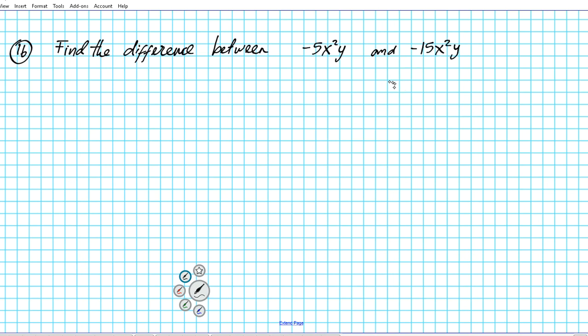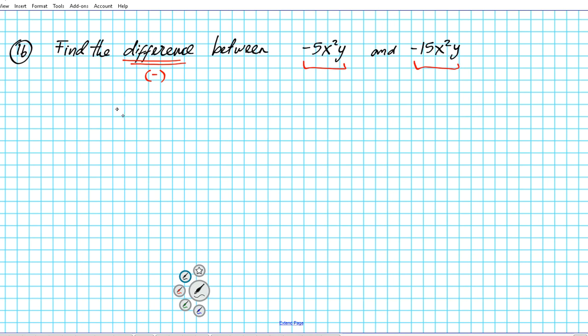Okay, what if you were to find the difference between these two? All right, let's do it. So first things first, we're going to express this statement in algebraic format. So the word difference suggests the operation subtract. Okay, we're going to be subtracting this term and this term. Okay, so we want to find the difference between them.